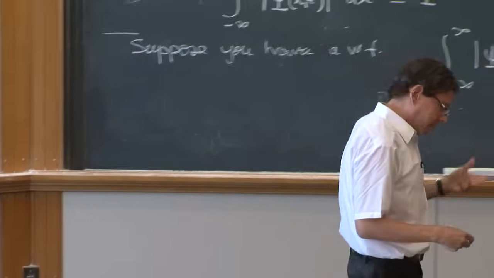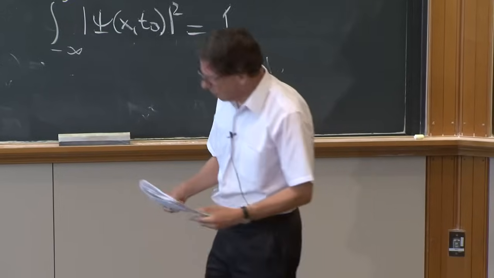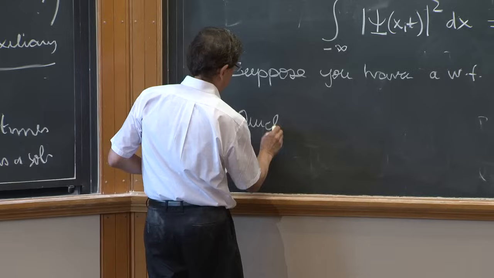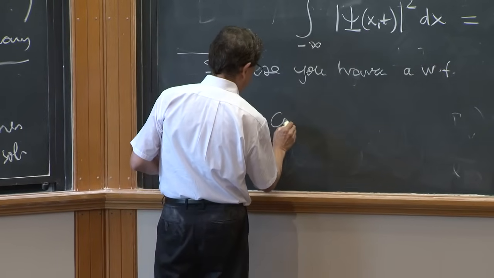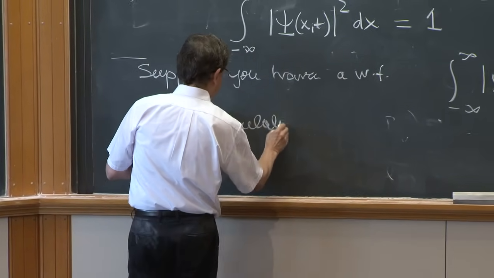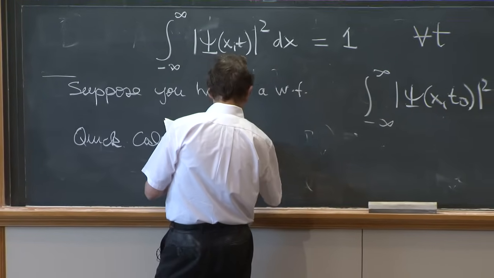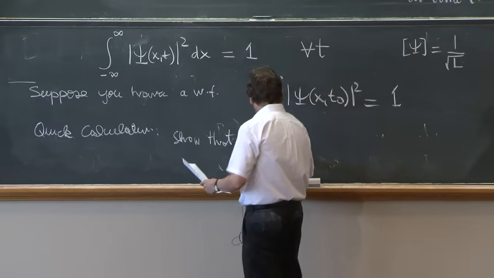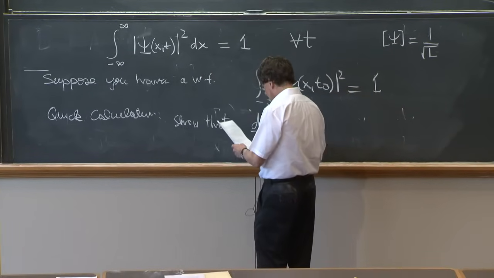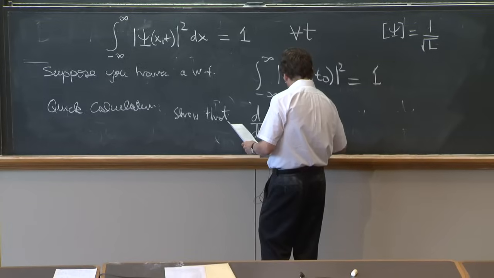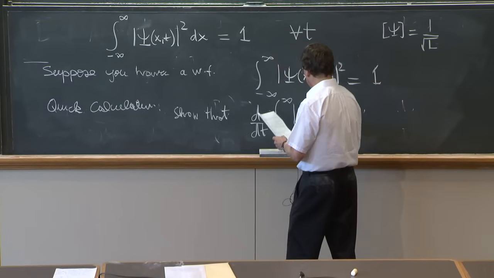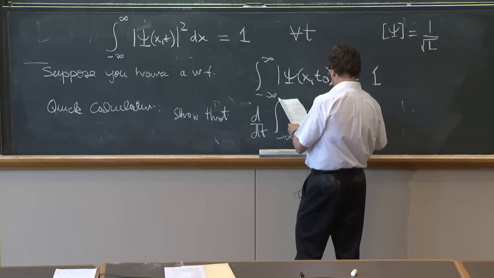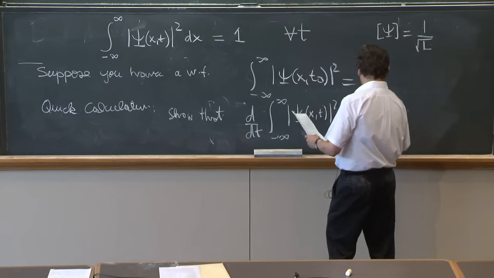And it's a simple, interesting exercise, a quick calculation, that I'll leave for you to do. Show that d/dt of this integral of psi of x and t squared dx is equal to 0.